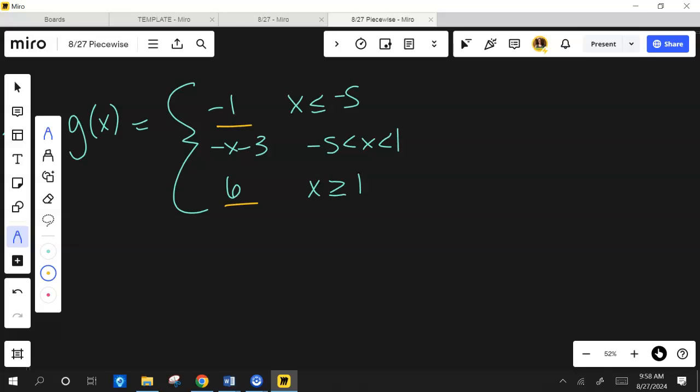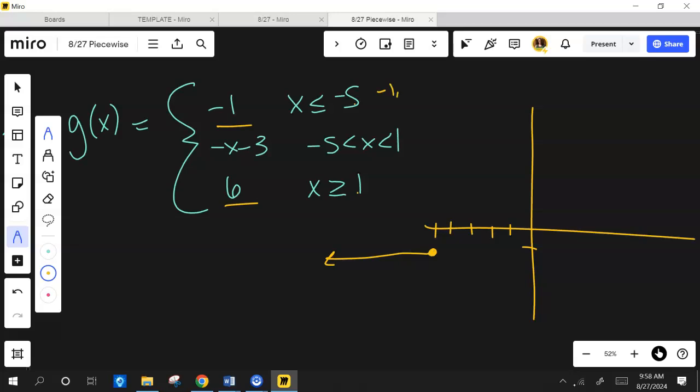Those are easy. One starts at -5, one starts at 1. So at -5, 1, 2, 3, 4, 5, I'm at -1. Open or close? Close. And it goes on forever to the left, right? If you like points, it's -5, -1, and then maybe -6, -1. I can pick some points that satisfy that requirement.